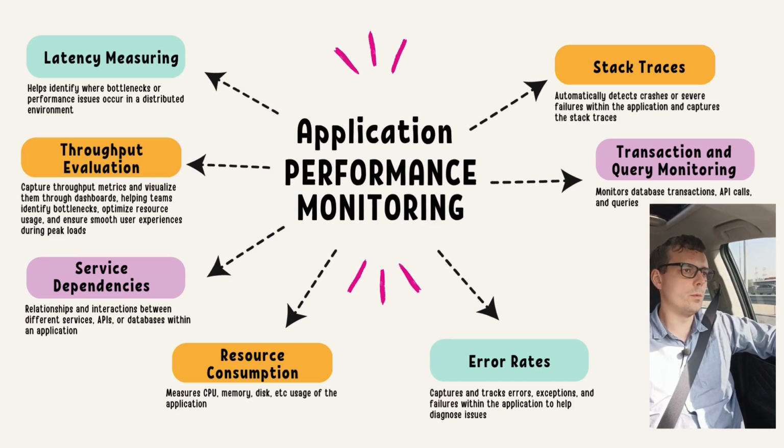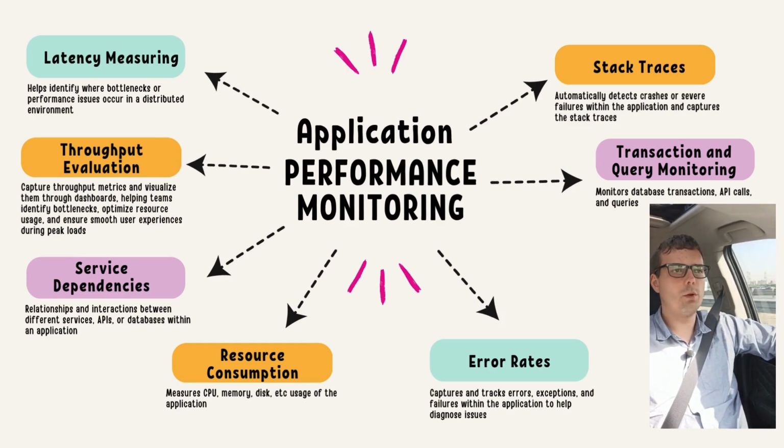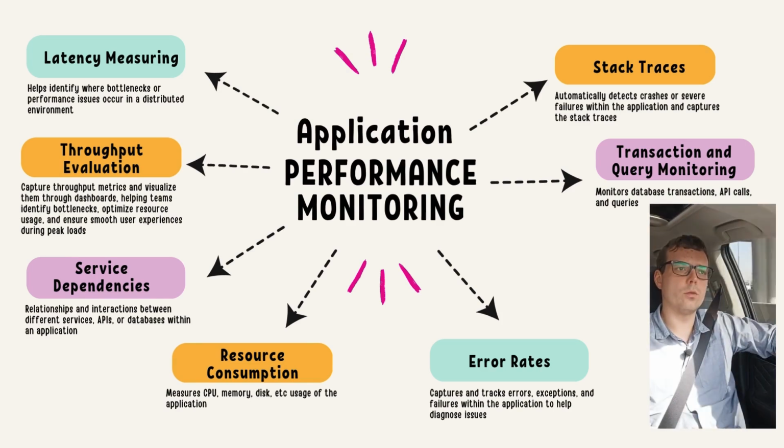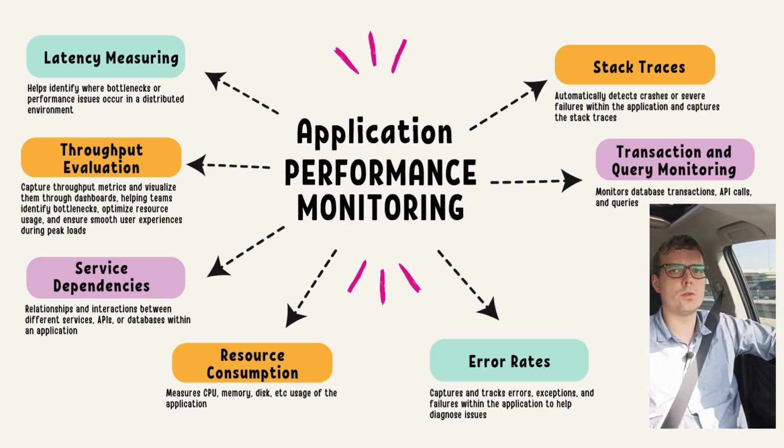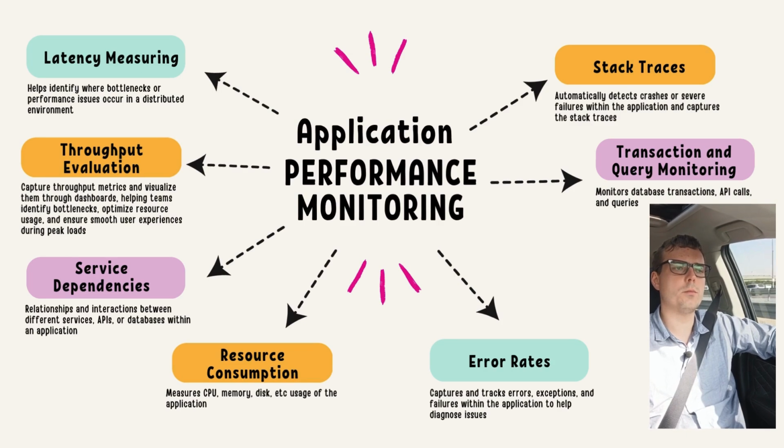So there is another set of tools for it, which is named application performance monitoring tools. These tools would provide you information about inter-service communication, about communication to different data sources, including your databases, object stores, or any other. Additionally, they usually provide you information about stack traces and the error rate in your applications, and you can also set up alerting on top of that.